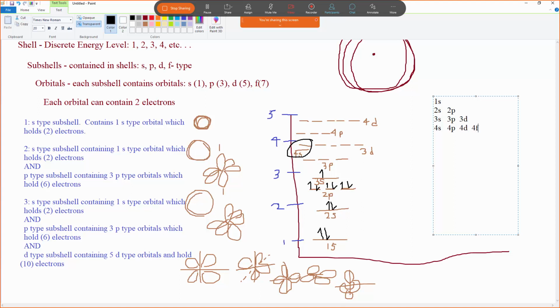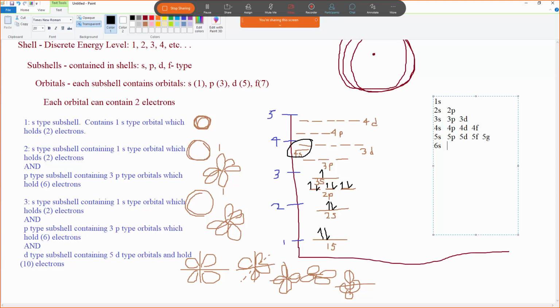And at level 4, you also have access to the f, right? And then 5s, and 5p. At level 5, you should technically have access to a g orbital. Although the periodic table hasn't been created that far out.